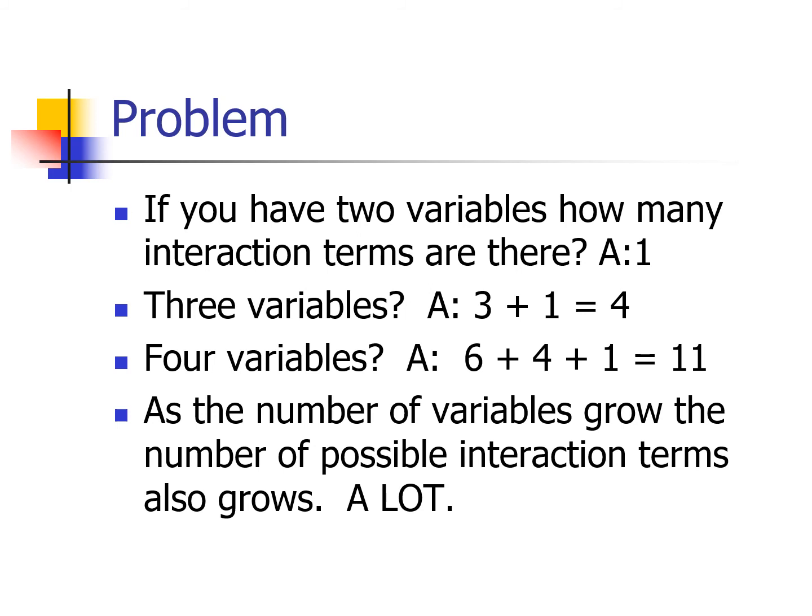So those are 6. There's 4 3-way interactions. x1 times x2 times x3, x1 times x2 times x4, and so on. And 1 4-way interaction, x1 times x2 times x3 times x4.